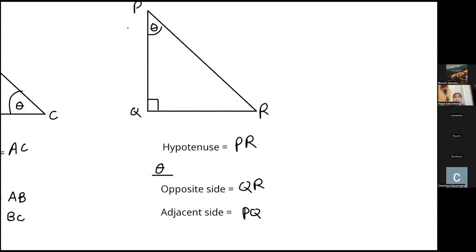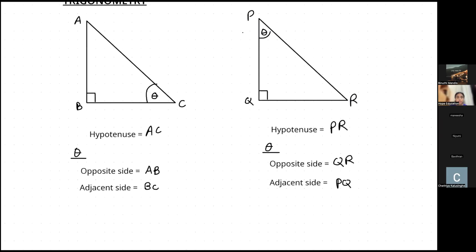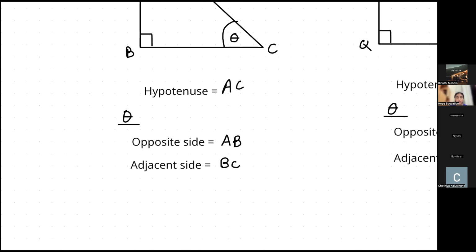All right. Now, in this lesson, we are going to be talking about 3 types of trigonometric ratios. One is sine. Another is cosine, we call it cos. And there's another one, we call it tan. Let's take this example, the triangle ABC.